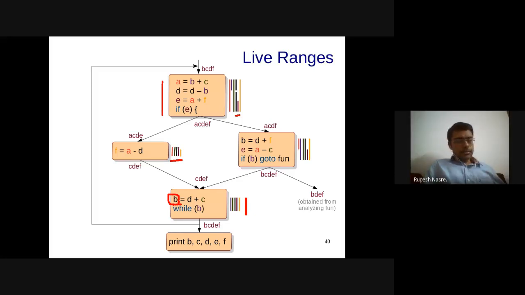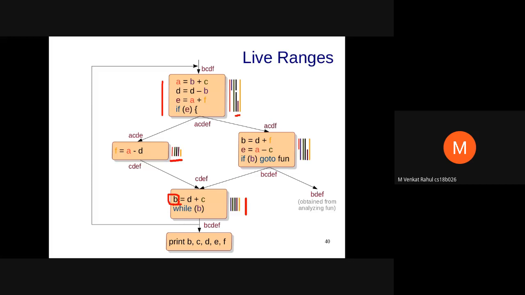That is correct. So even if it is split, like for B, I have in each block some range, and whatever variable is overlapping in both the blocks, for those variables, I'll be drawing an edge between B and that variable, right?